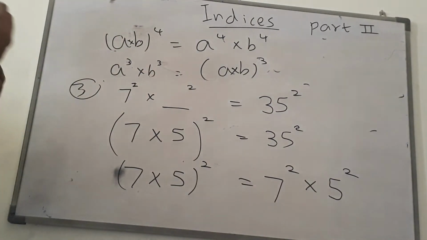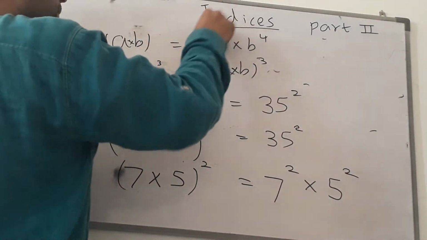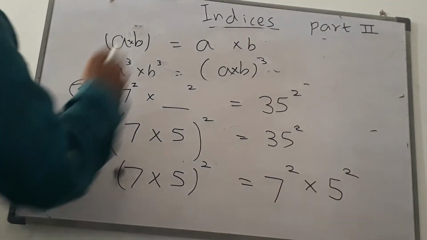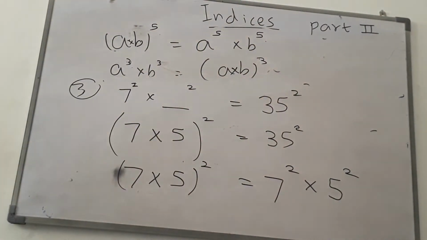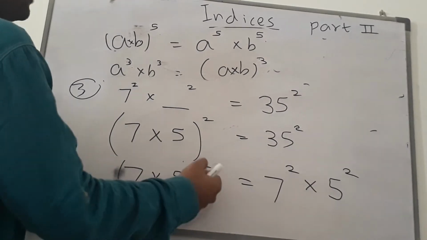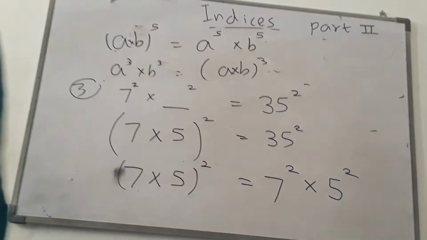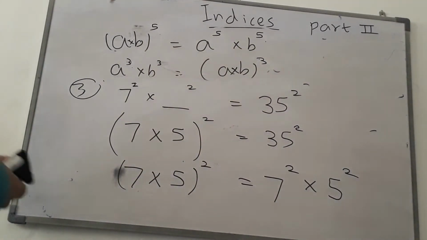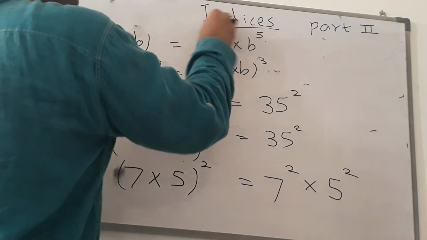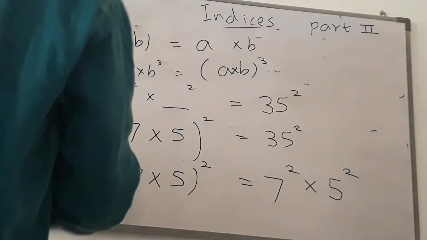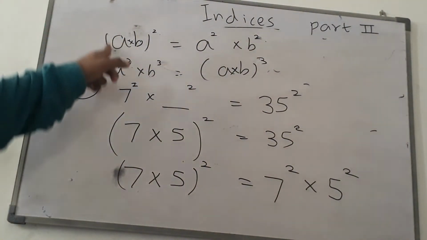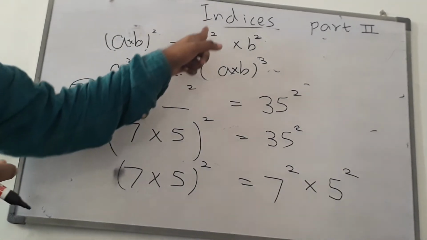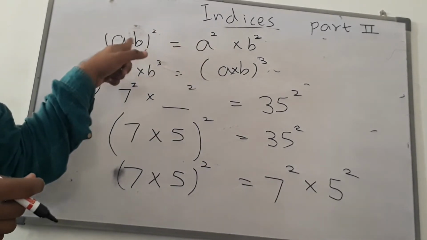Same as here. If it is a times b all together to the power 2, it can be written like a to the power 2 times b to the power 2.